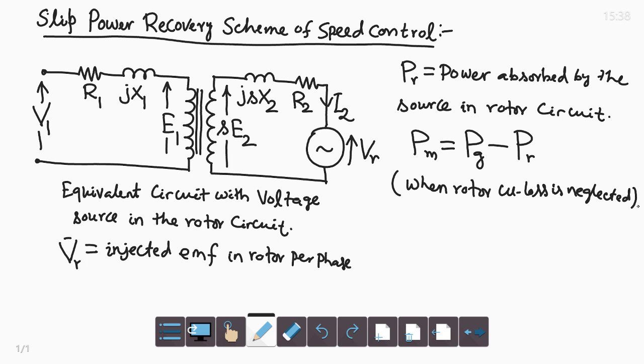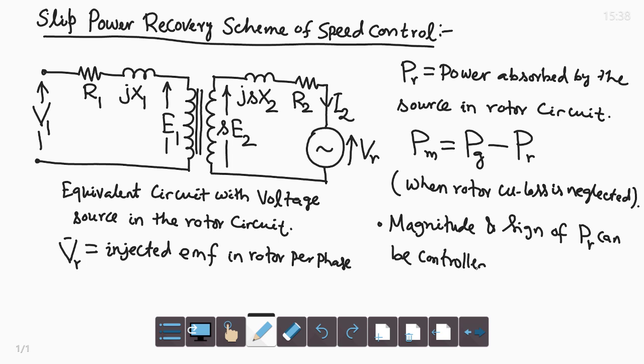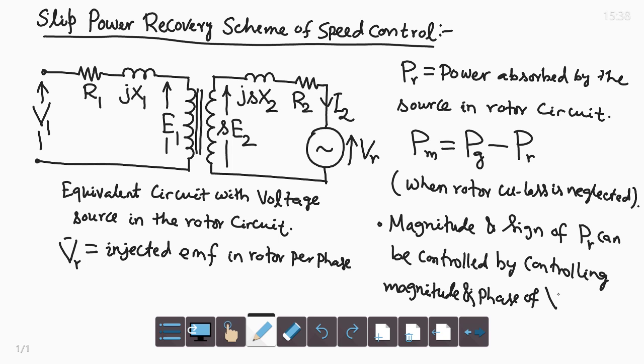So, you can see the magnitude and sign of PR, plus or minus, can be controlled by controlling the magnitude and phase of VR.